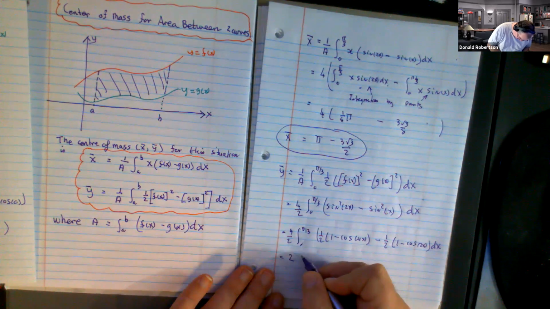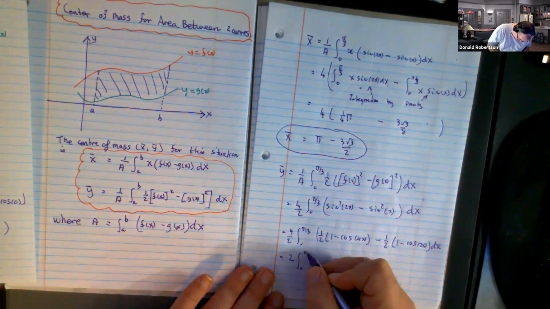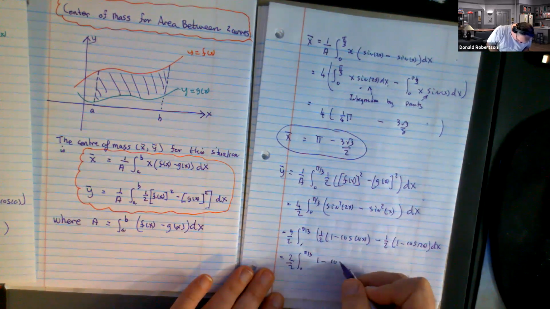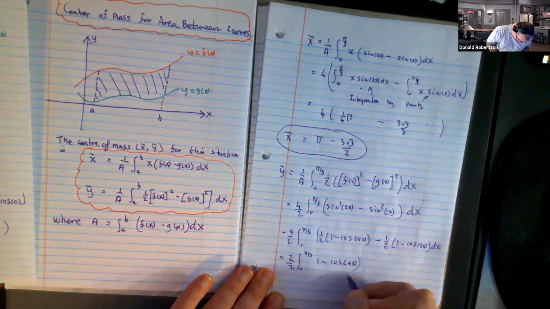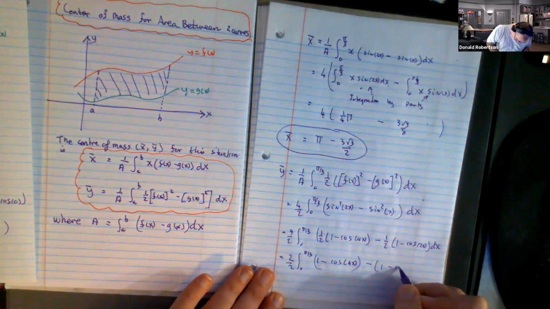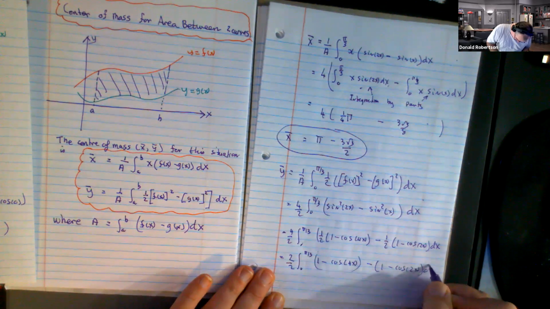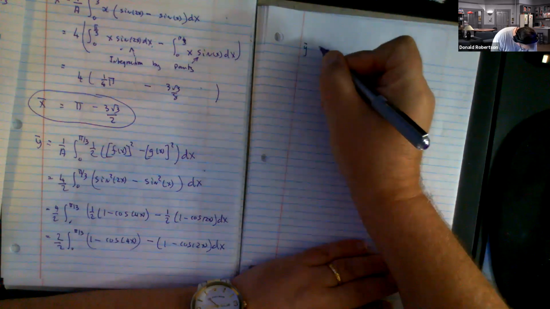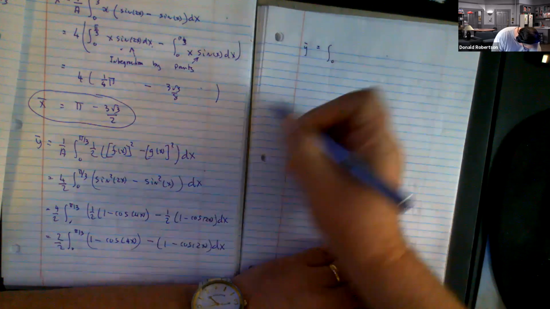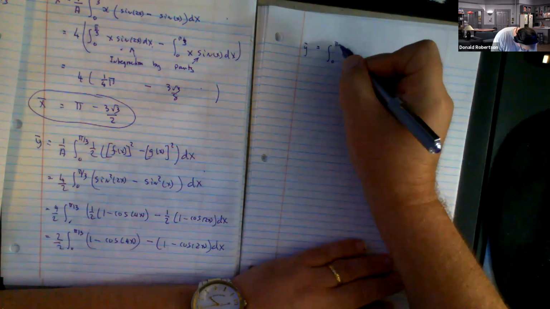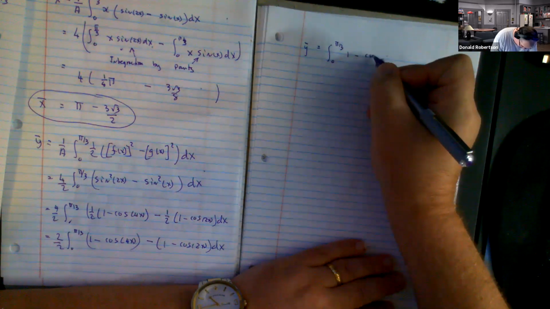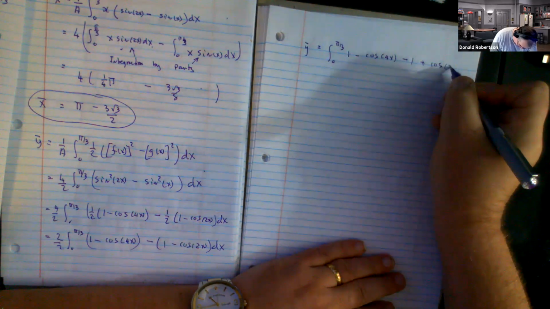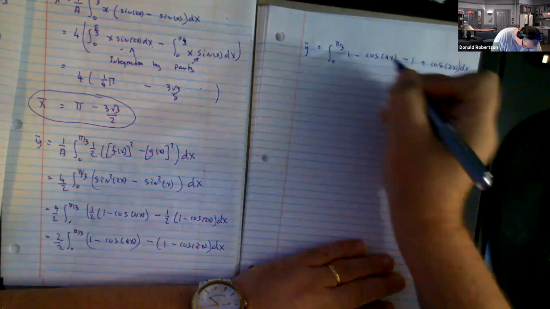So we have 2 times the integral from 0 to pi upon 3, and I'll bring this half out. And now I'm left with 1 take away the cosine of 4x, subtract 1 take away the cosine of 2x. So y bar ends up being the integral, because 2/2 is essentially 1, of 1 take away the cosine of 4x, subtract 1, add the cosine 2x dx. The 1's cancel.